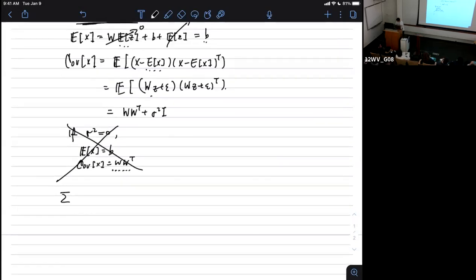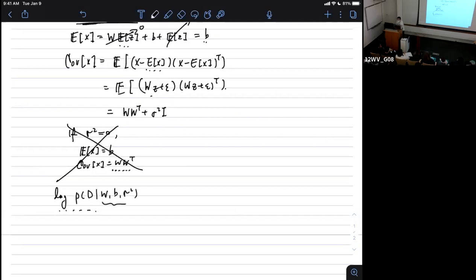We're going to write down: we have a data set of many examples, x1 to xn. And then what is the log probability of this data? But I'm going to make a small change here, saying that this is given W, B and sigma squared.